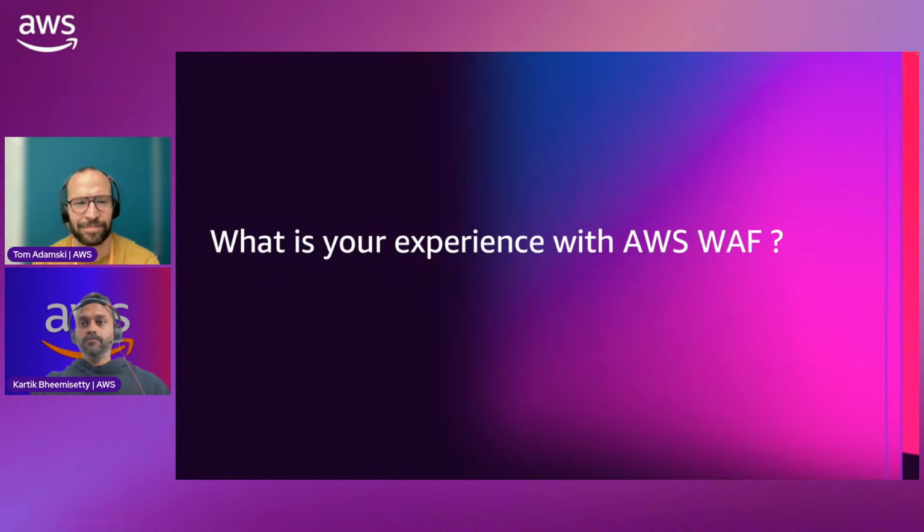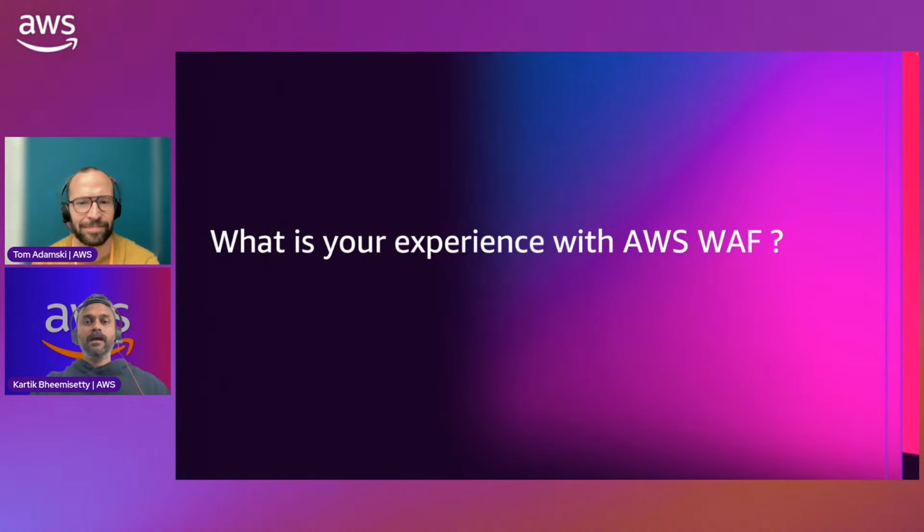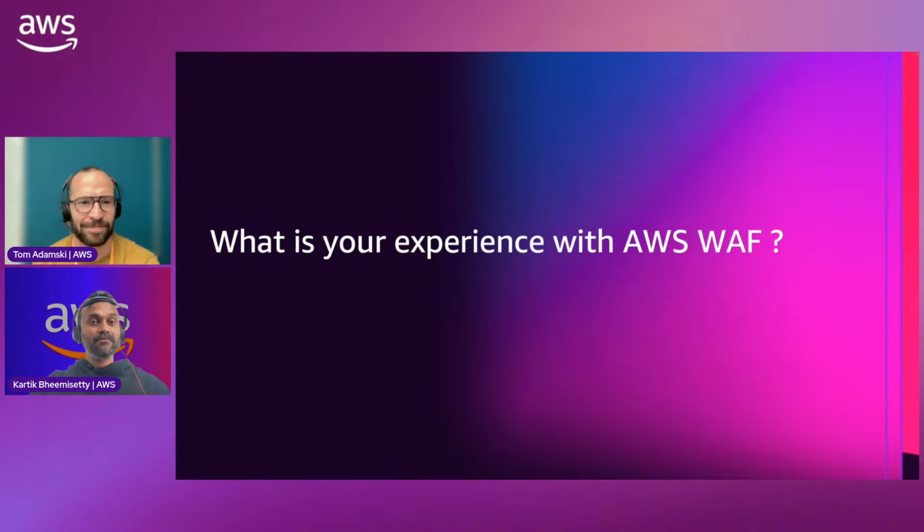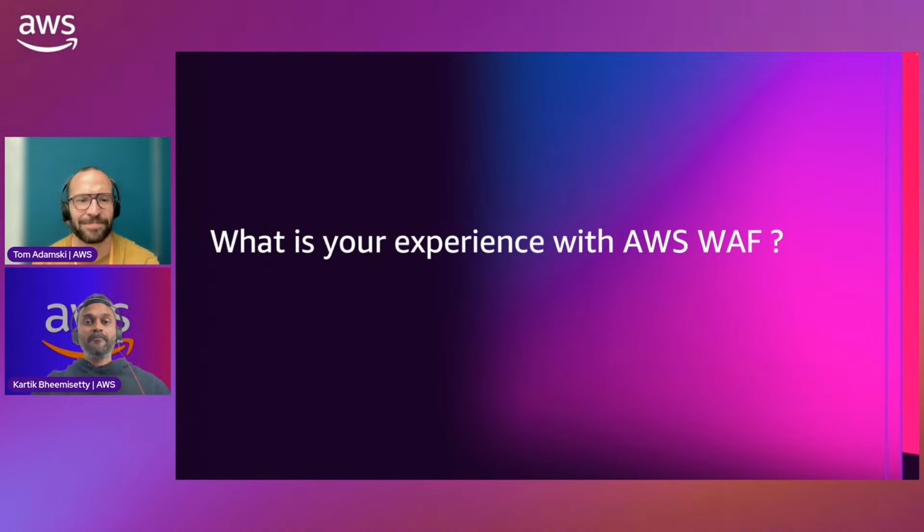To the audience, what's your current experience with AWS WAF? Feel free to comment. We want to understand your current experience. Tom, if you want to summarize by monitoring the comments, please do. Are they starting with AWS WAF, or do they already have AWS WAF in their production environment? Are they playing with Bot Control and the latest DDoS protection mechanisms, or are they just here to understand AWS WAF?